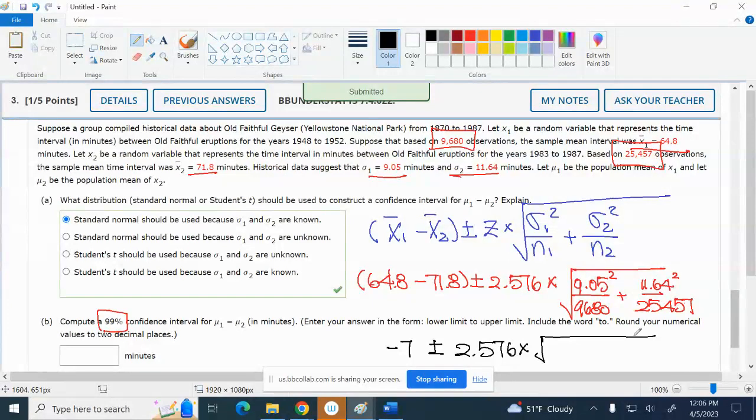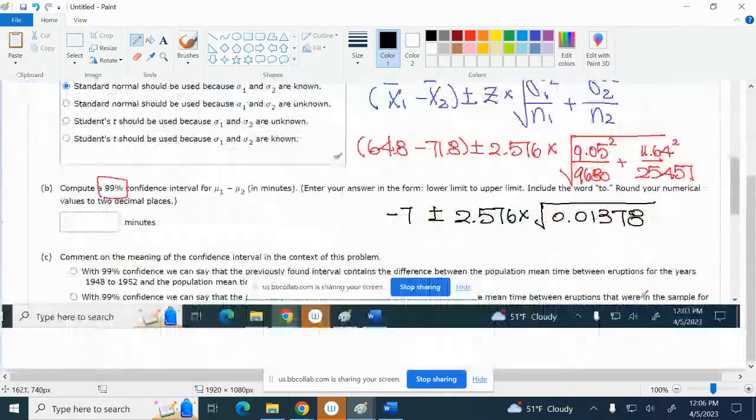So 9.05 squared divided by 9,680, and take the sum with 11.64 squared over 25,457. Inside, there is 0.01378.